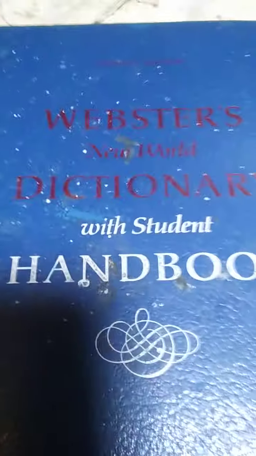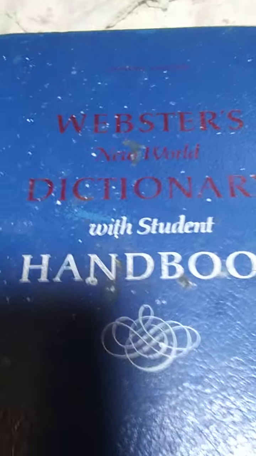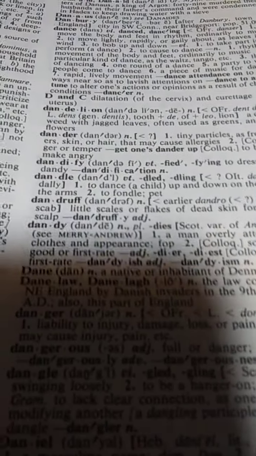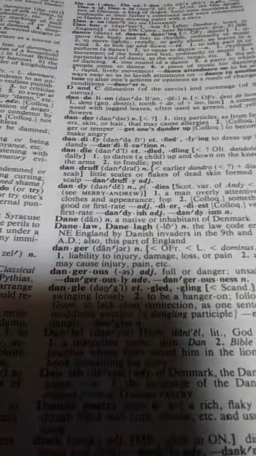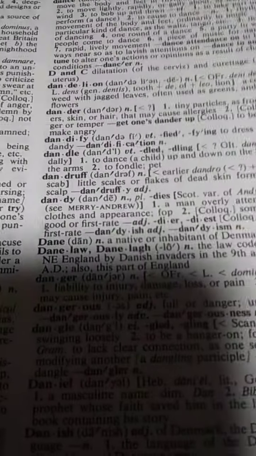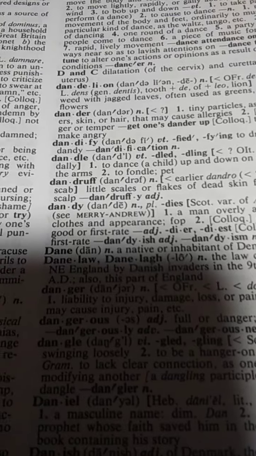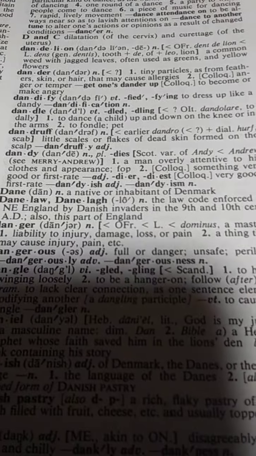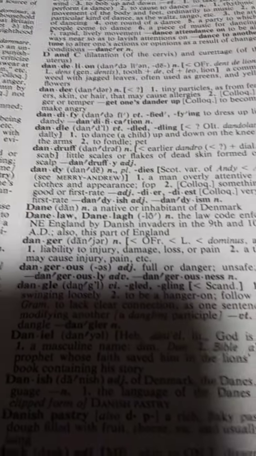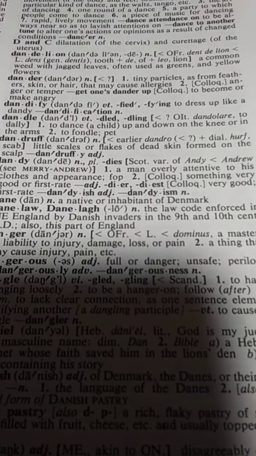Get my Webster New World Dictionary for Student Handbook. I'll go to page 190. The word Dane: a native or inhabitant of Denmark.